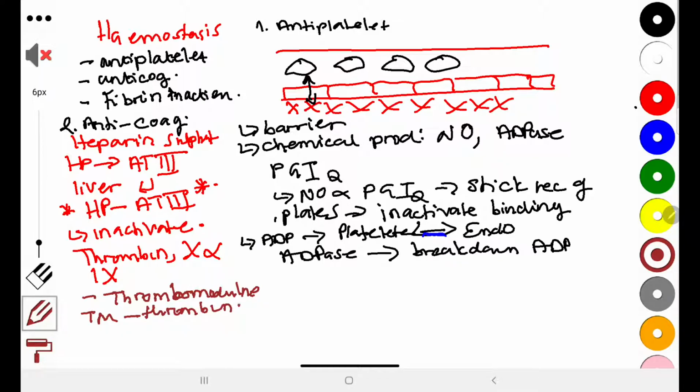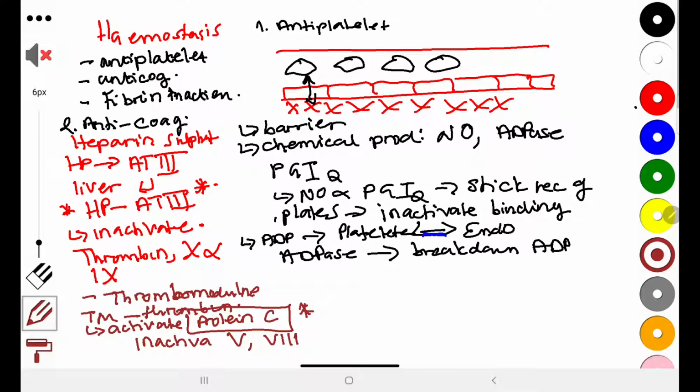Once this binding takes place, it modulates the thrombin by allowing it to activate protein C. Now protein C has the ability to inactivate factors 5 and 8. So it's a cascade.